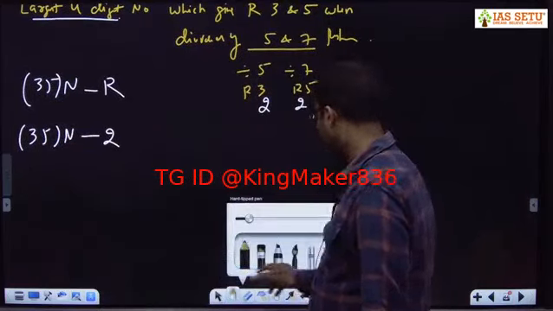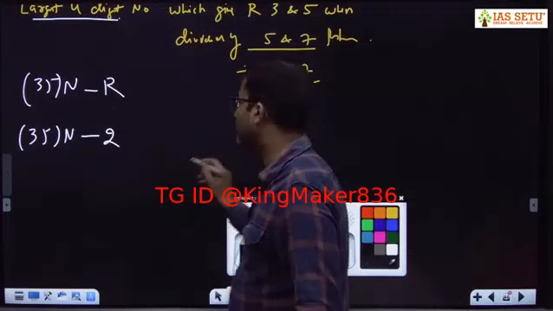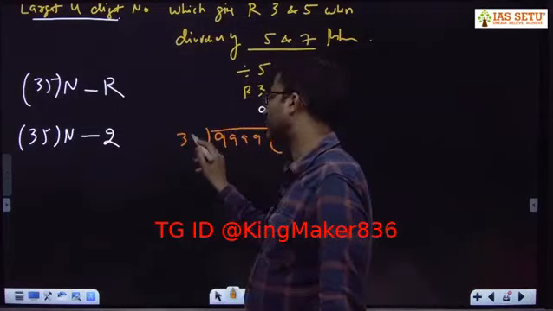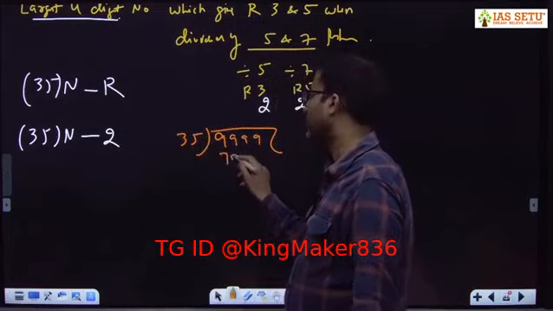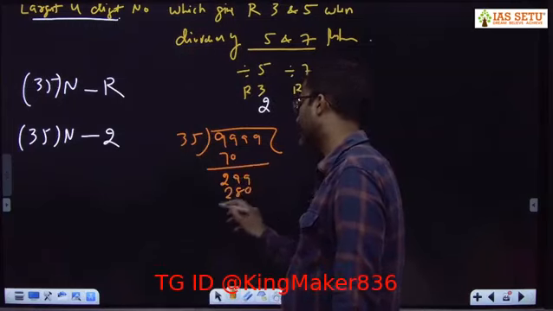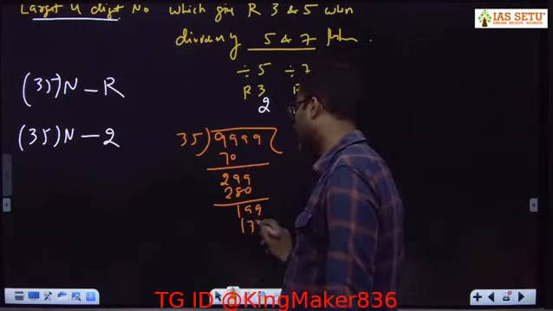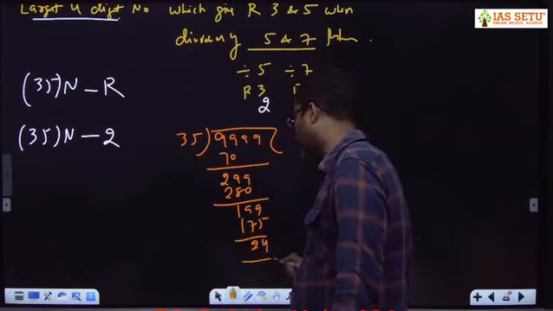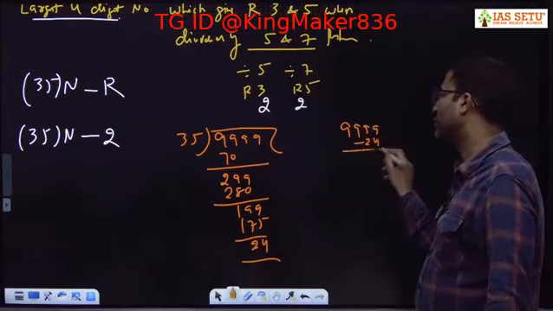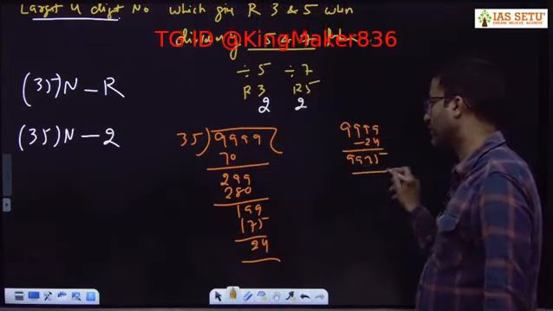So now it is the largest 4-digit number. So what is the largest 4-digit number? 9999. We find the multiple of 35. 35 times 70 is 2450, 299, 280, 199, 175, 24. We subtract 24 from this. So it is 9975.